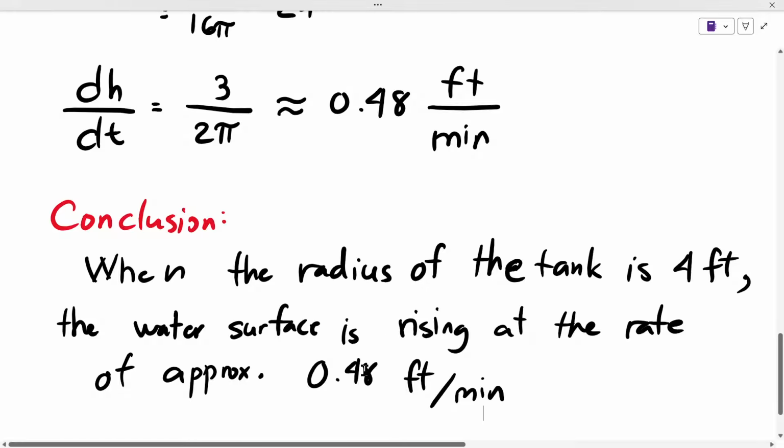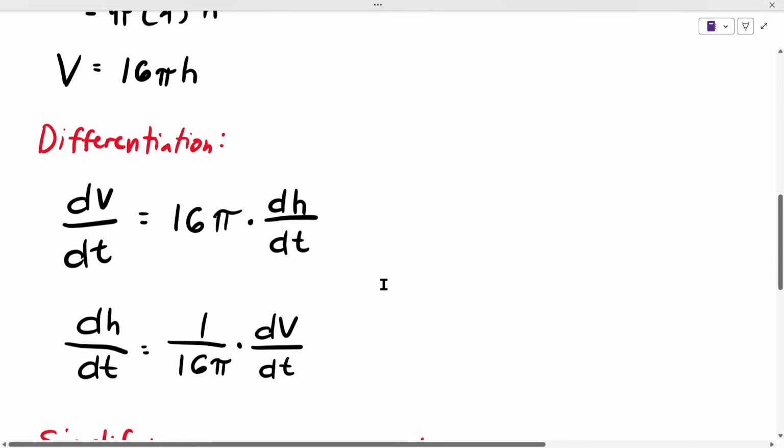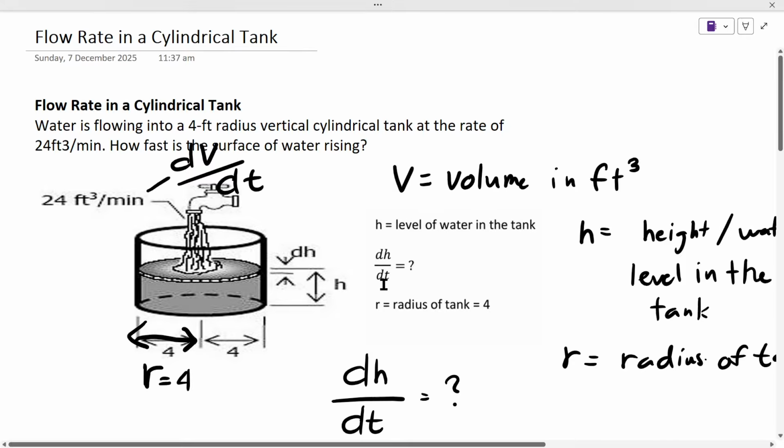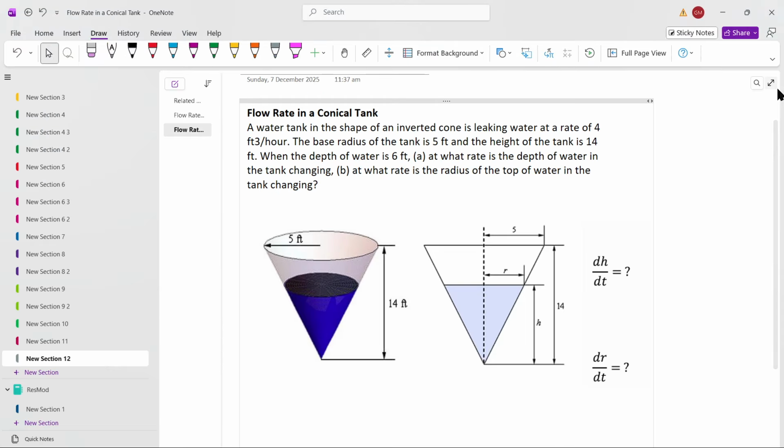So here's how we solved this problem, solving the flow in a cylindrical tank. Another example.